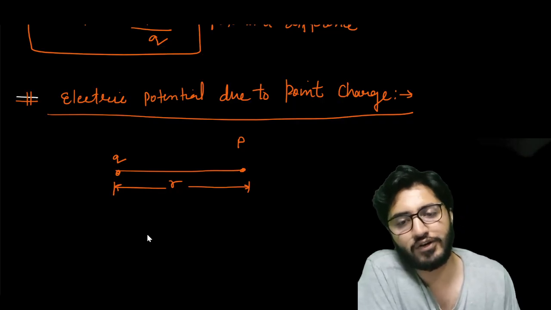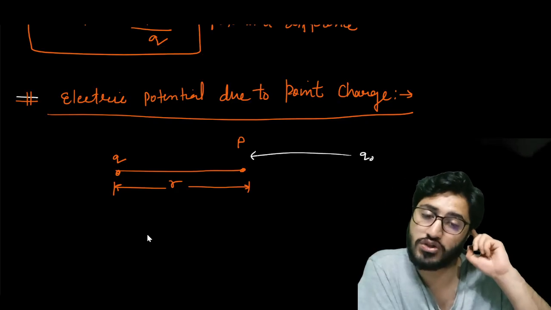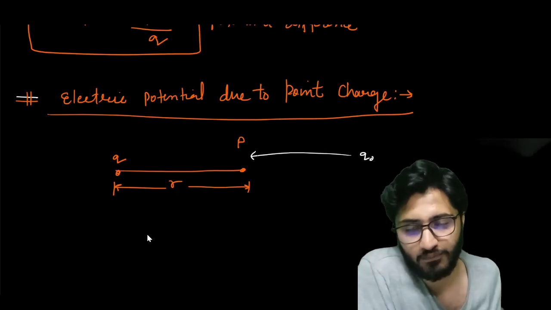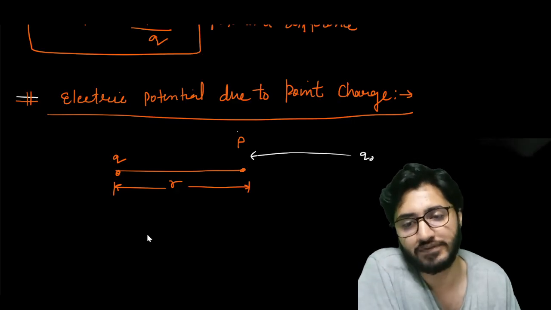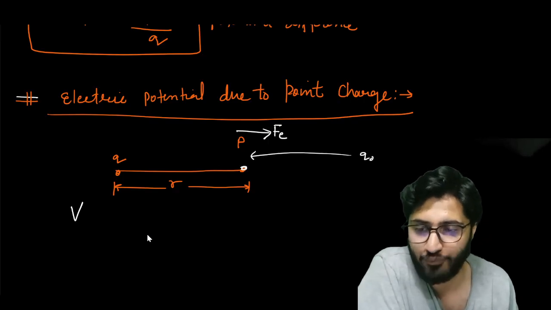If I need to bring a charged particle q naught from this particular position to this particular position, this q naught should overcome the repulsion. Then it will be at point P. So what is the electric potential at point P?